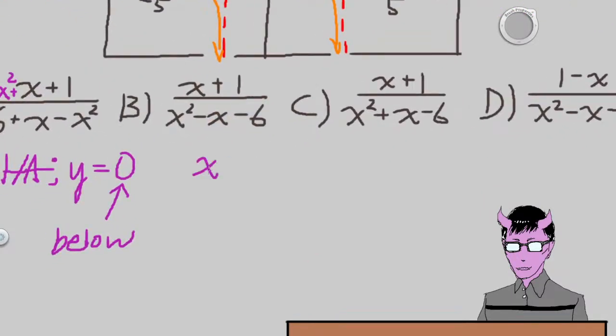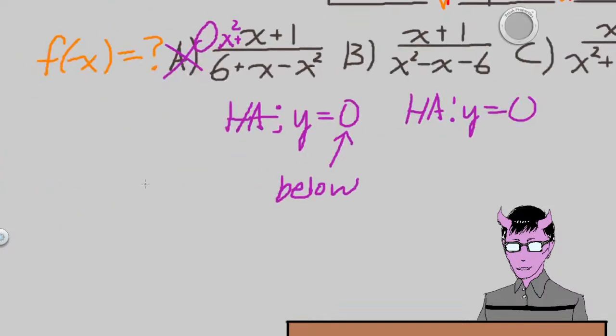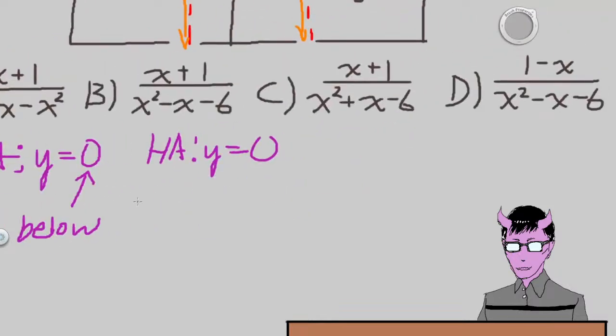First things first, the horizontal asymptote is still going to be y is equal to 0. That's fine. So are we above or below when x approaches positive infinity? When x approaches a huge size value, the top number is going to be positive, but it pales in comparison to the size of this large size positive.